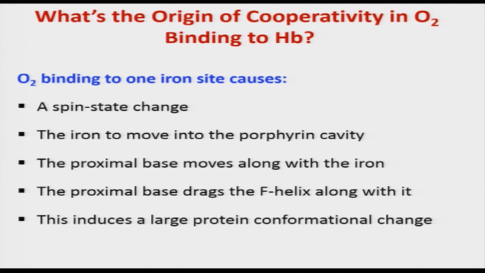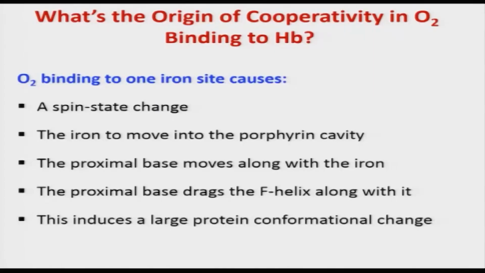The proximal base drags the F helix along with it, and this induces a large protein conformational change, which is reflected in the cooperativity. That is the reason why nature designed two proteins, hemoglobin and myoglobin. One has cooperativity, in myoglobin there is no cooperativity, and we have seen how this cooperativity helps to transfer dioxygen from hemoglobin to myoglobin.